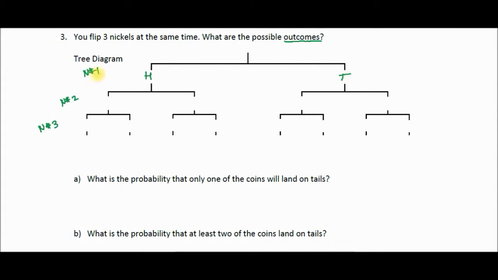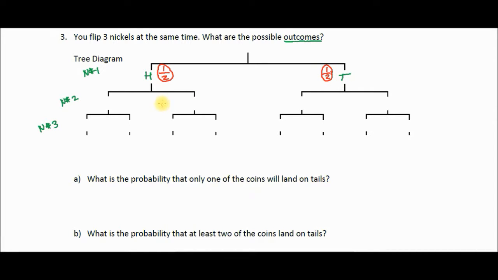So nickel number 1 can land on heads or land on tails. How many sides will make us happy? Well, just one side, the head side. How many possible sides are there on a coin? There are 2 possible sides. So our probability of landing on heads for nickel number 1 is 1/2, and the same for tails.